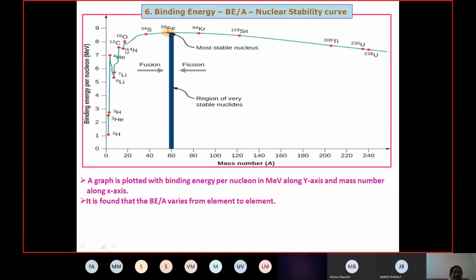So why does the curve fluctuate for the neighboring atoms? Helium, carbon, and oxygen have an equal number of protons and neutrons, which is more stable than the neighbors lithium and nitrogen.